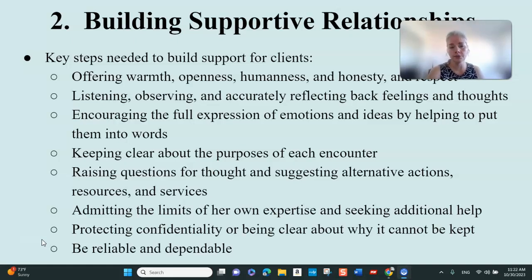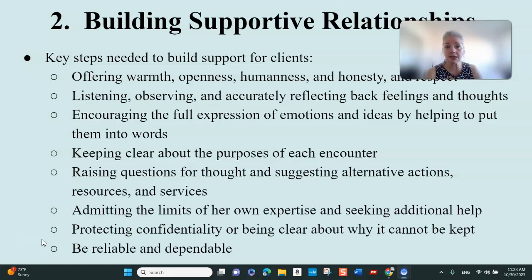You always want to be posing questions, helping them think about alternative perspectives, consider other solutions or courses of action or resources or services that they have not yet utilized. What are the other ways that they can start thinking about addressing any challenges and just becoming more successful in achieving their desired outcome?